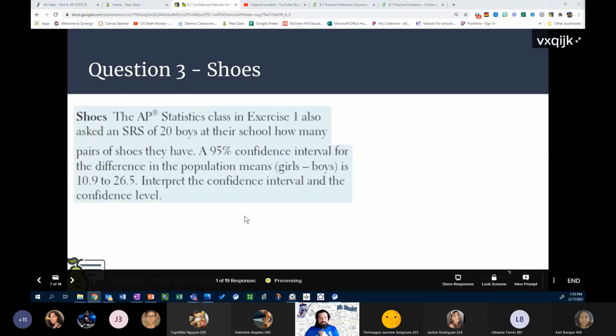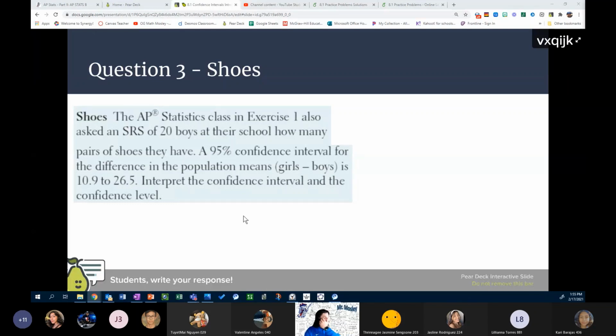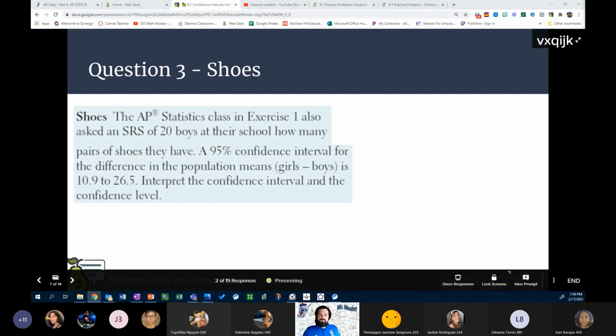So there's 2 statements for this question. First is interpreting the confidence interval, which we've done a couple times already in the previous problems. And then the confidence level, which you might want to look back in your notes to see the verbiage for interpreting confidence level, because that's slightly different. We'll give you all a few minutes to get some answers in for this, and then we will talk about it.